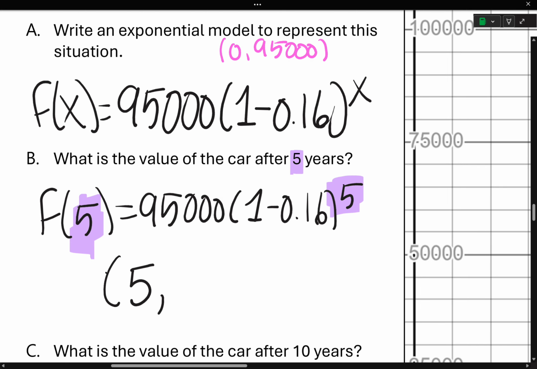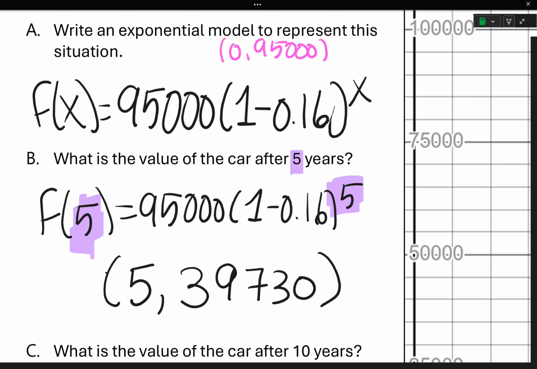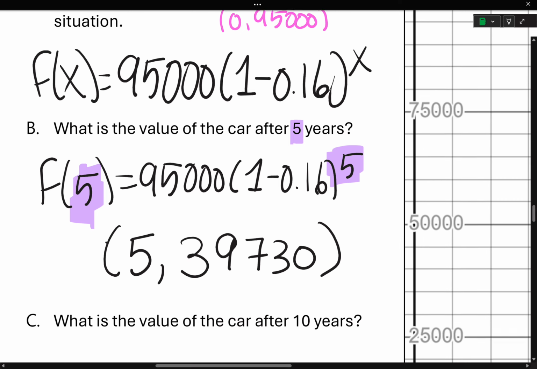When I plugged in 5, after 5 years, my car, and I'm rounding a little bit, is worth $39,730. That's right. After 5 years, it's lost over half its value.